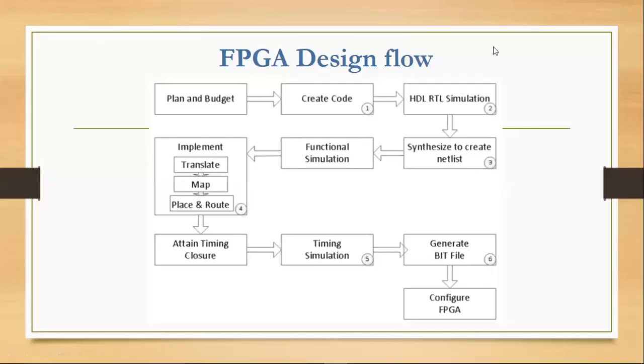Here we can see the FPGA design flow or block diagram. The very first step of any design is to define the specifications of the given design. Then, according to those specifications, we have to create code like Verilog HDL or VHDL.